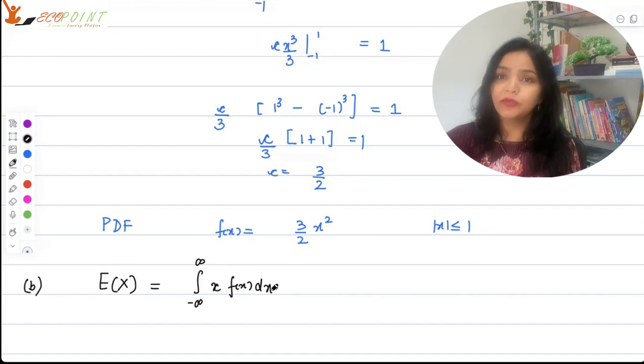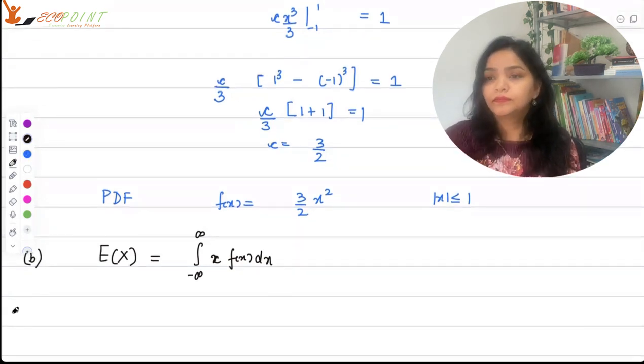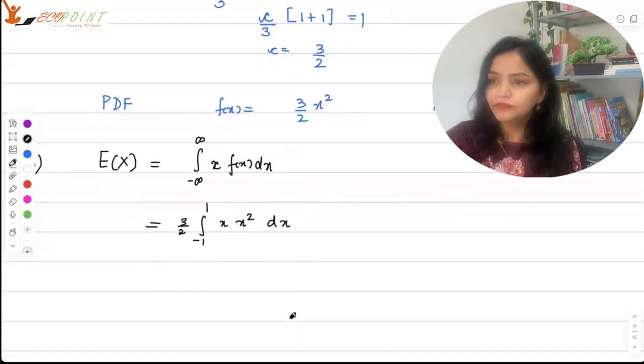It's the weighted average, but this time you will use integrals because probability is density now. So this will be equal to the integral from -1 to 1 of x times 3 by 2, which could be kept outside, into x squared dx.